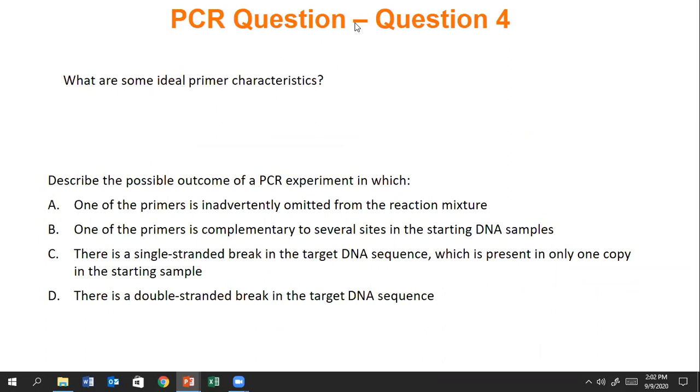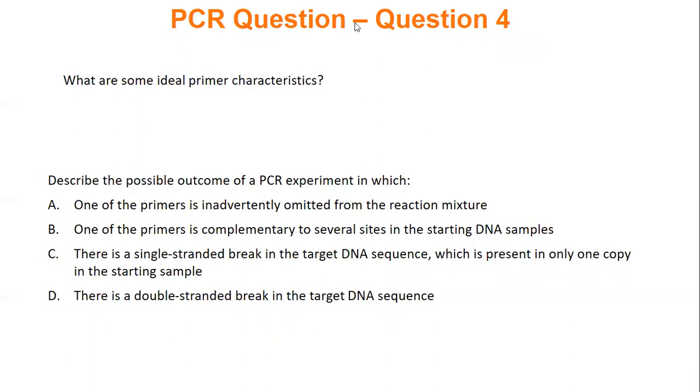So, some ideal primer characteristics. When you are making a primer for PCR, generally you want your primer to be about 18 to 20 nucleotides in length.